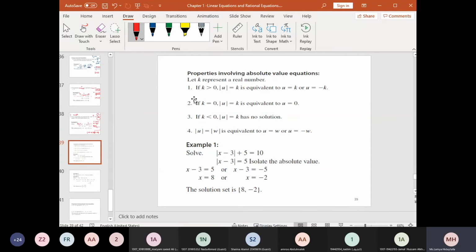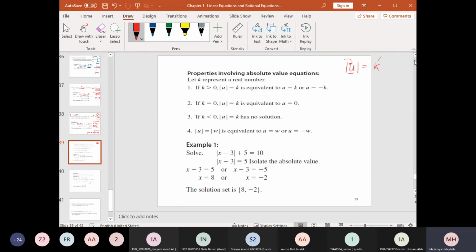Now we have properties for the absolute value equation. If I have any expression or whatever variable, and we have the absolute value of this part equal to some k, and we want the solution, so we want u at the end.